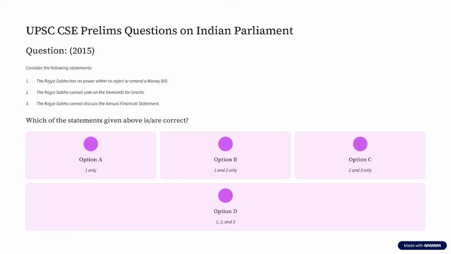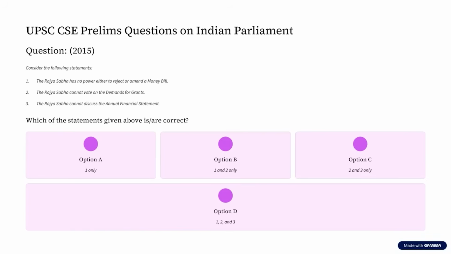We discussed this also, because it is only with the signature of the President that any bill or any act is passed in the Parliament. Now, having this Lok Sabha and Rajya Sabha means that it is promoting bicameralism in the Indian legislature.